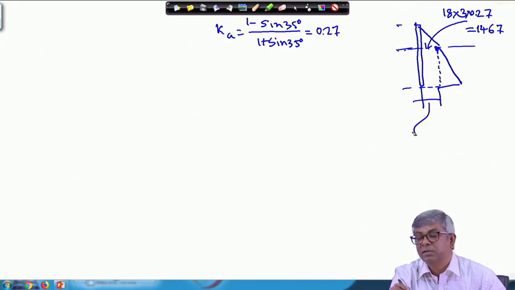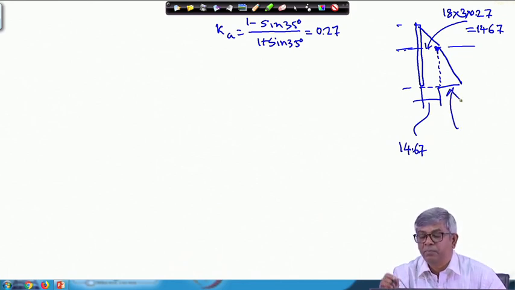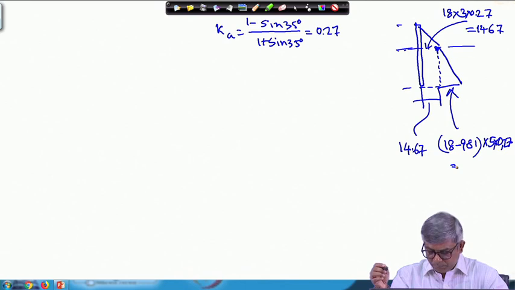This value is 14.67, and this value will be equal to 18 minus 9.81, multiplied by 5, multiplied by 0.27. That means this will be equal to 11.05.